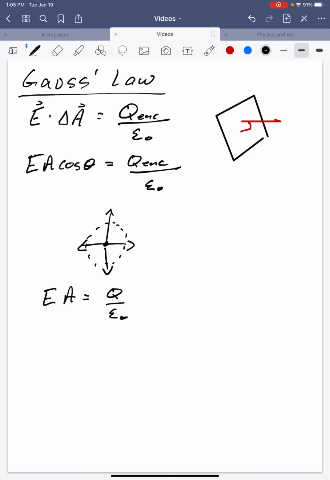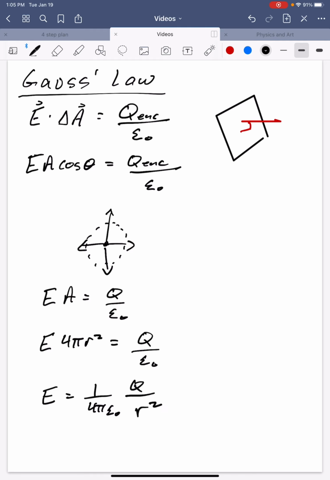A is going to be 4 pi r squared because it is the surface area of a sphere. And I end up with E equals 1 over 4 pi epsilon naught Q over r squared, directed radially outward.